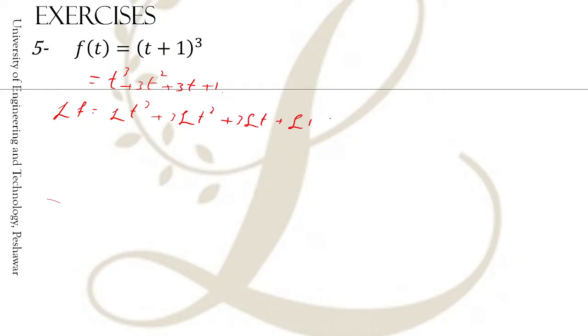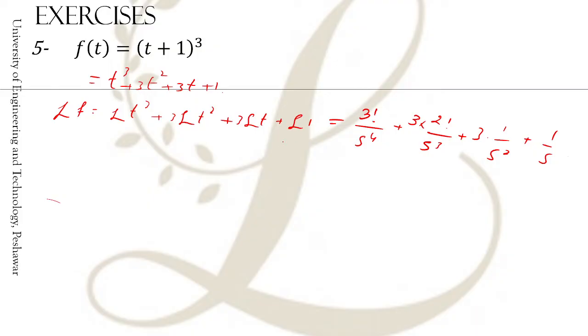Right? So this will give you what? The Laplace transform of t cube is 3 factorial divided by s power 4, plus 3 times 2 factorial divided by s cube, plus 3 times 1 by s square, plus 1 by s.